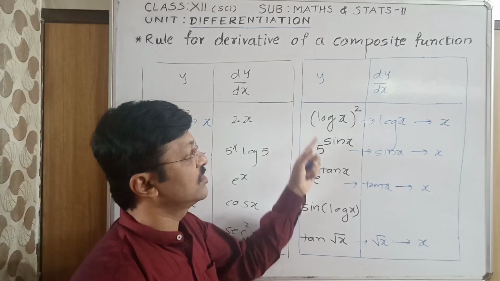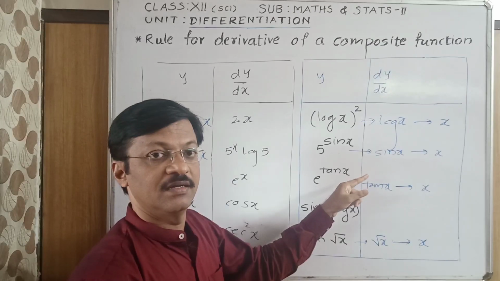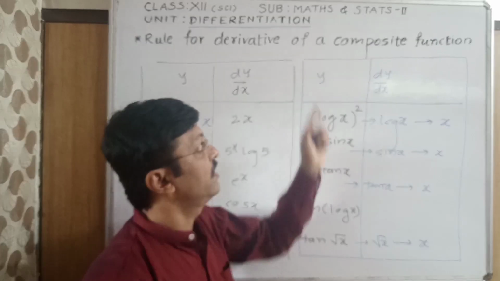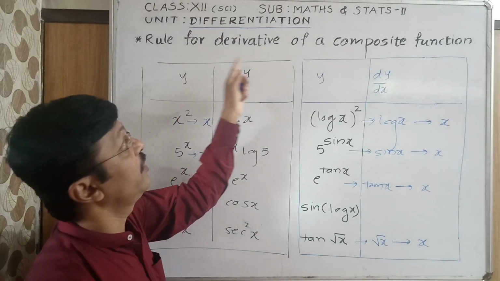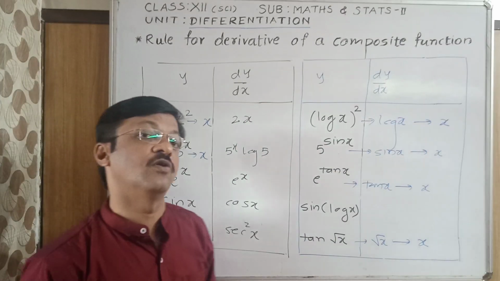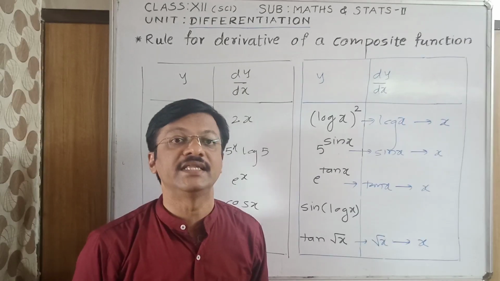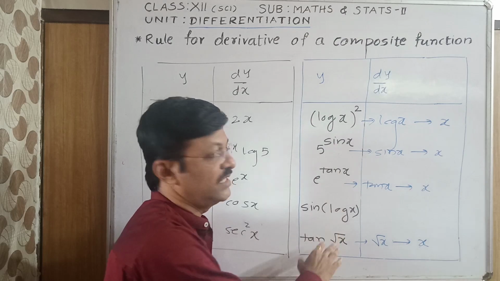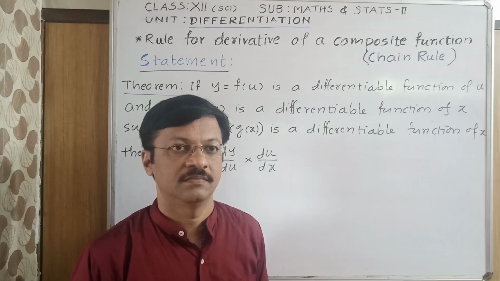Therefore, these functions are functions of functions, and functions of functions are called composite functions, and their derivative is found by the rule of derivative for composite functions, or it is called chain rule. So let us see that chain rule now, so that we can find the derivatives of these kinds of examples.